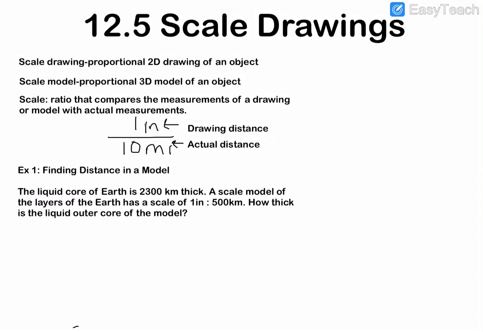Okay, so you would see a scale written like a fraction, or you could see a scale written in another ratio form, like with the colons. Both of these examples represent a scale.